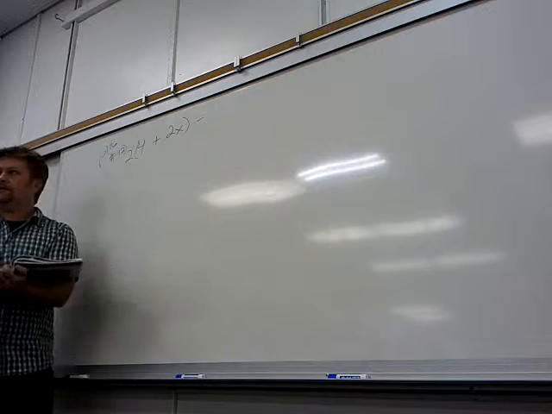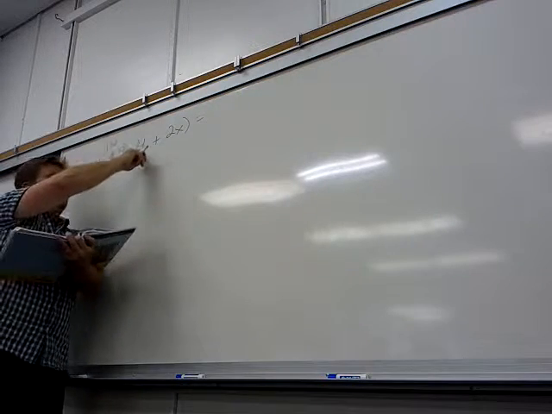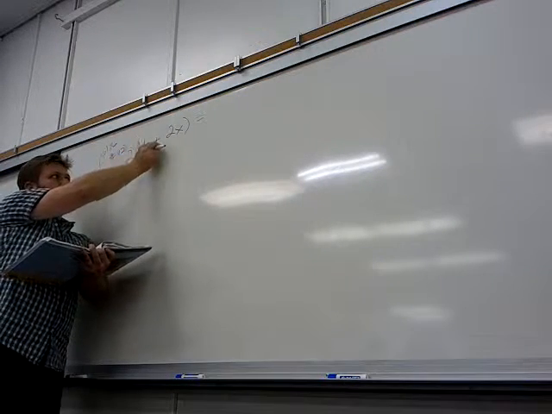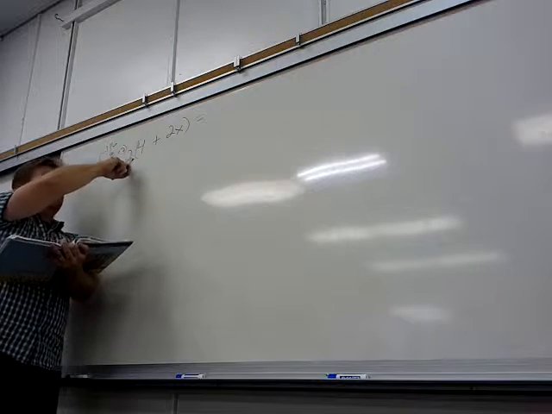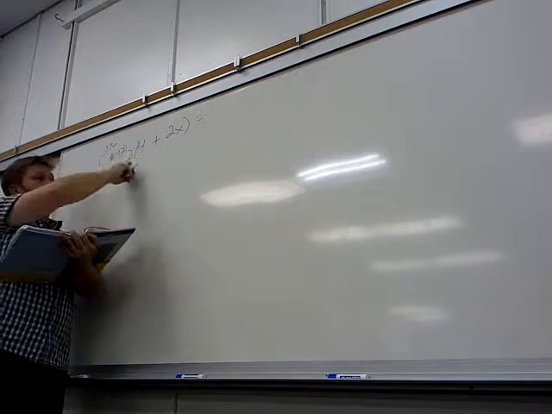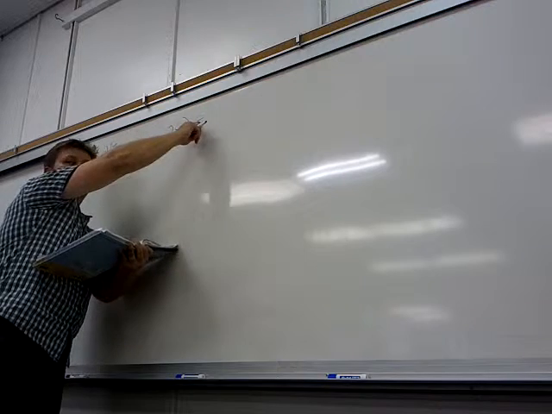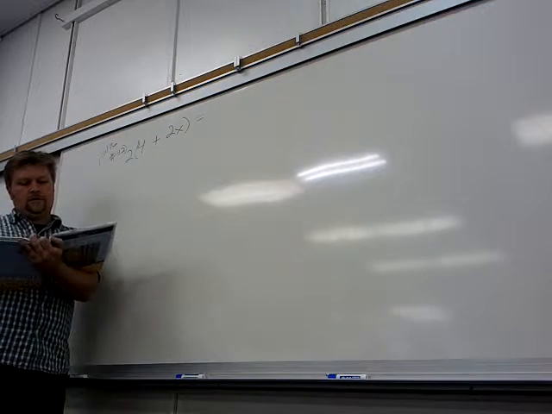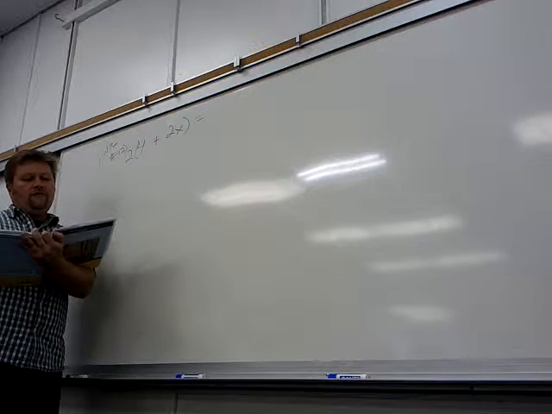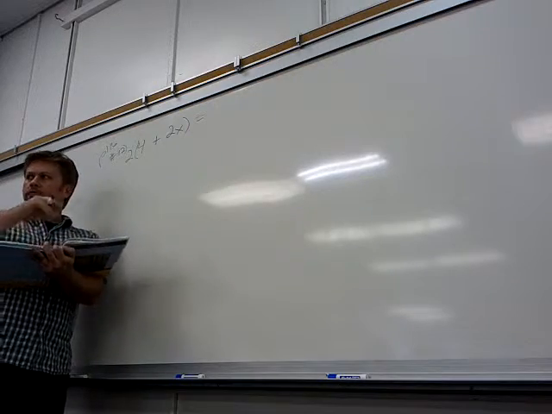So real quick, just to see what we've done. If 4 is added to twice a number and this sum is multiplied by 2, the result is the same as if the number is multiplied by 3.